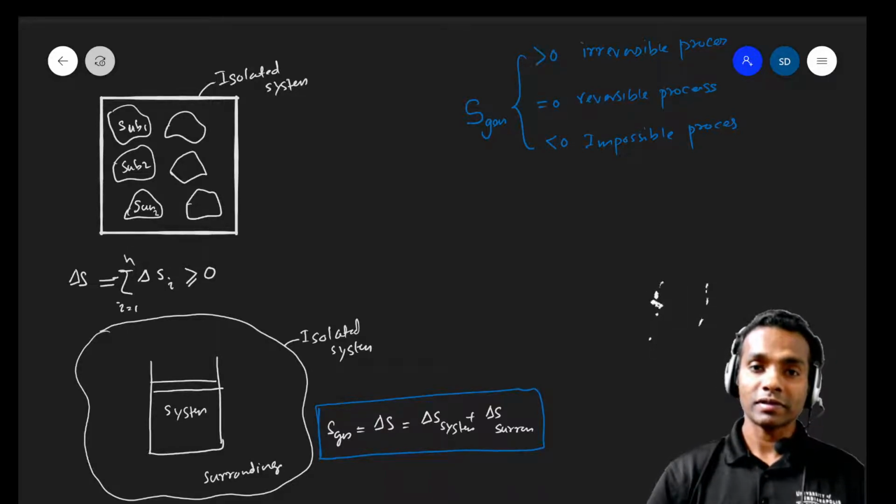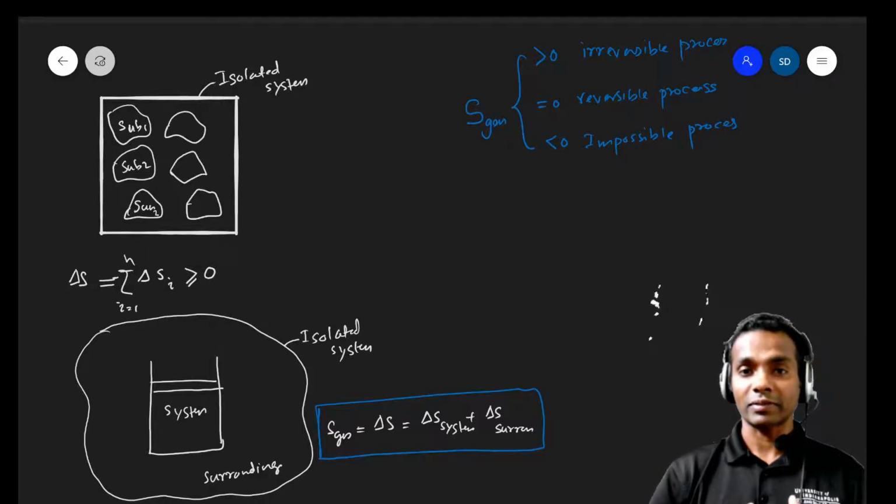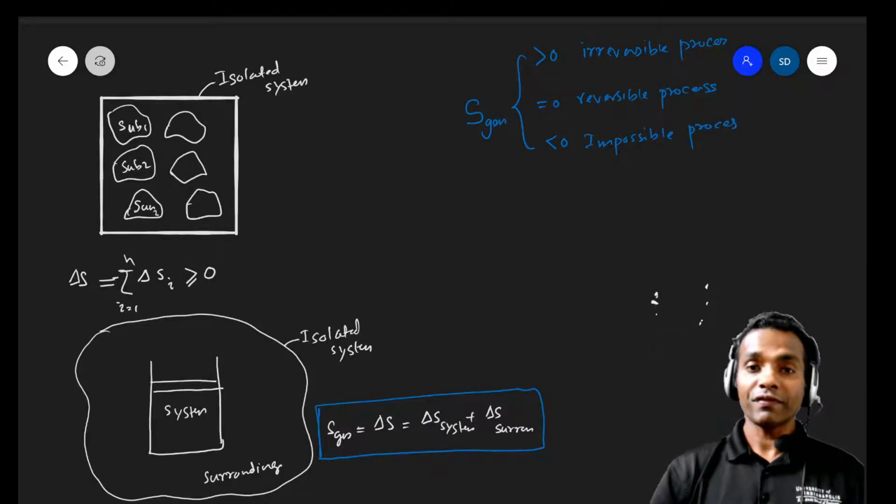For a reversible process, no entropy generation takes place. Entropy generation is 0 for a reversible process. If the entropy generation is negative, that process is impossible.